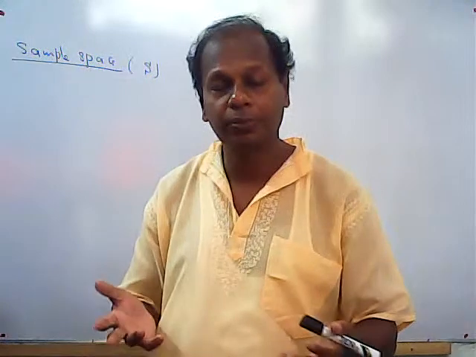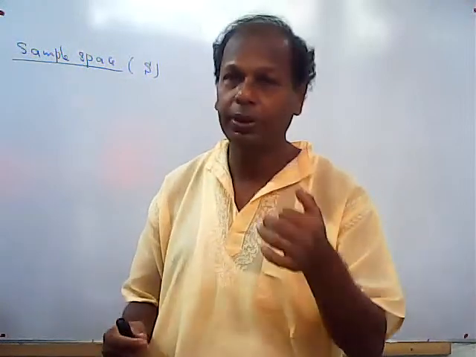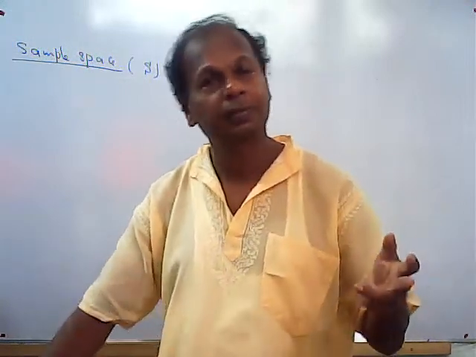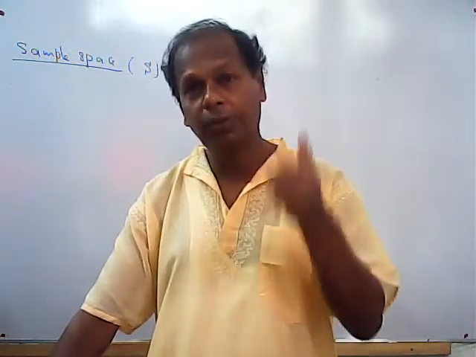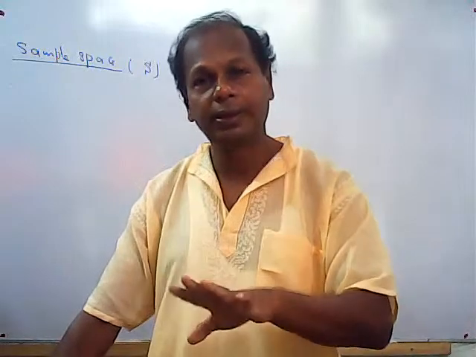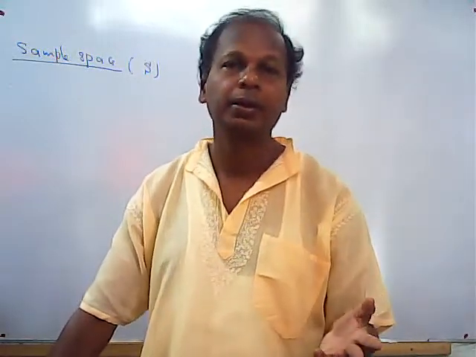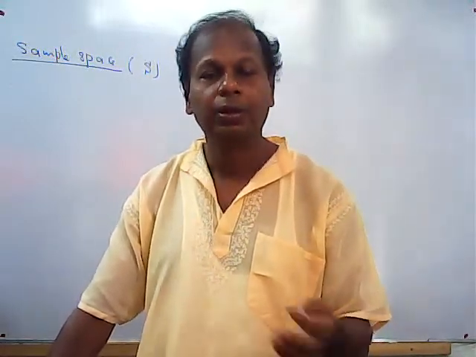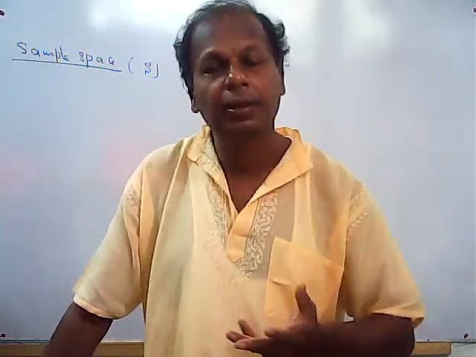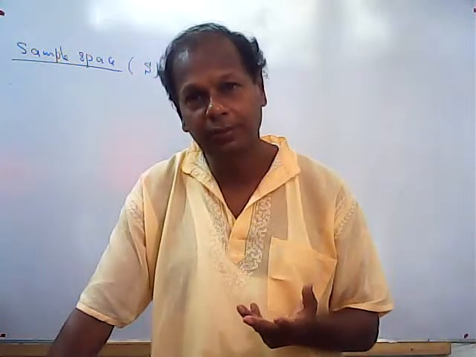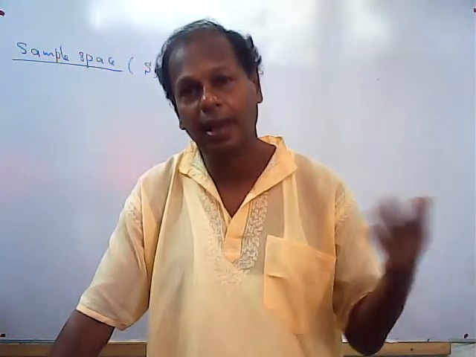All possible outcomes. For instance, you toss a coin, all the possibilities. There are only two: turning head and turning tail. You toss a normal dice. There are six possibilities. Six things can happen.